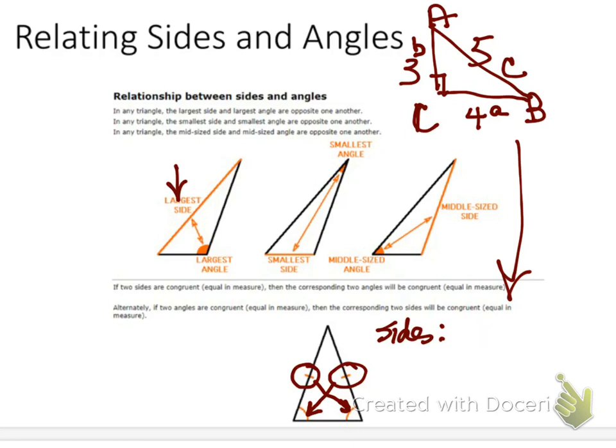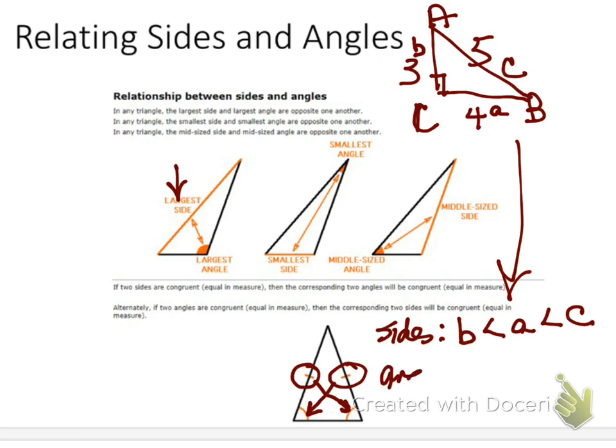So the smallest side has to be B. So B is less than the next one in order, A, which is less than C. These are sides. So side B is less than side A, which is less than side C. So side C is the largest side.